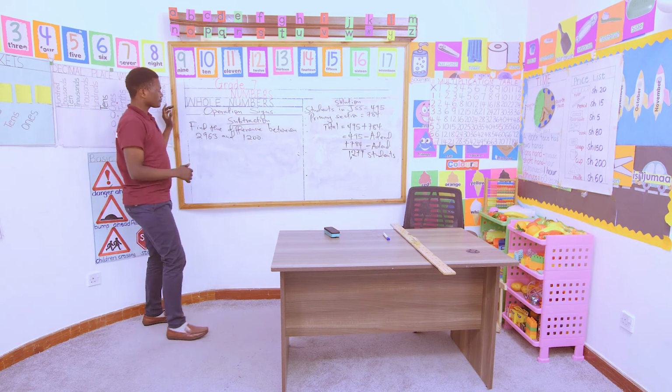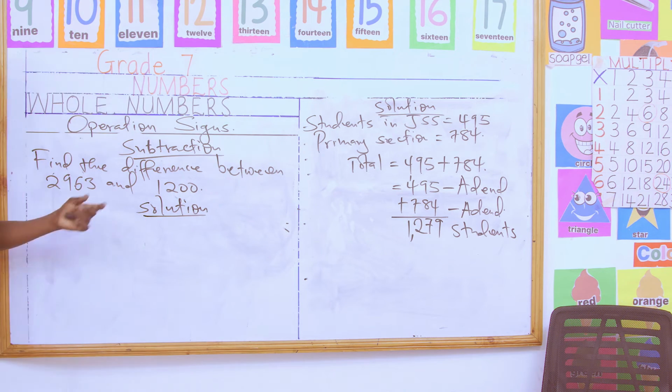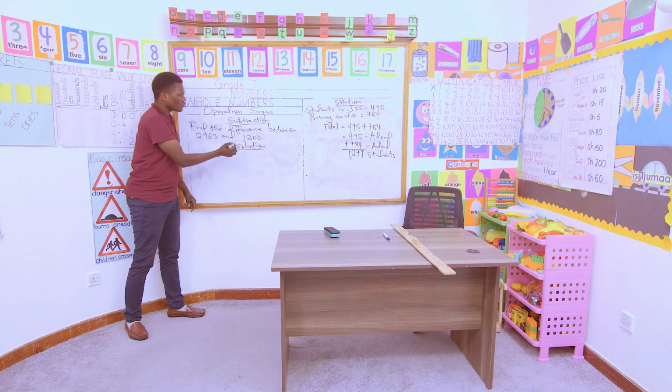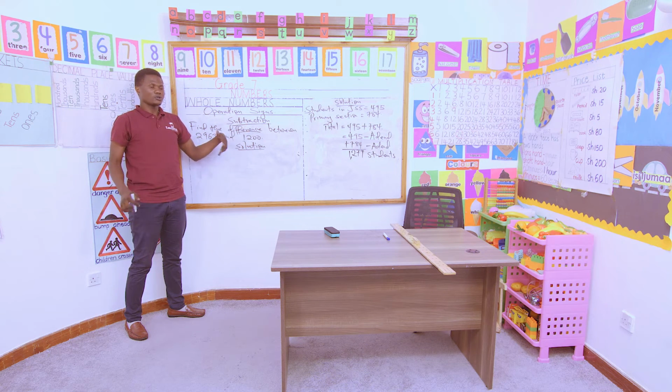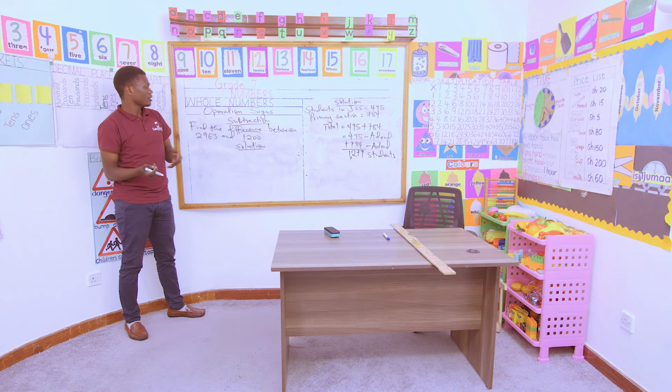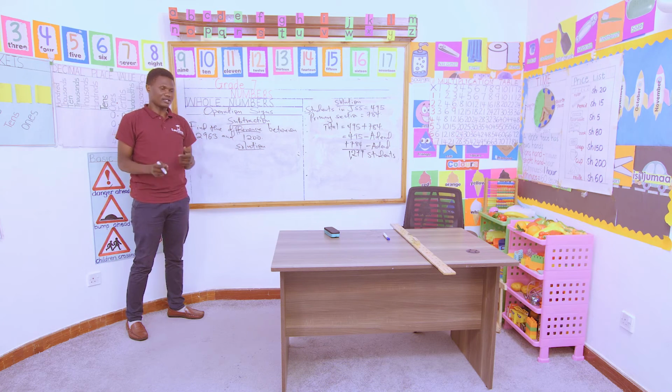So here, solution. You can see in this case, the question only has the word difference instead of the word subtract. I'm just trying to give you scenarios whereby we can use alternative vocabulary to imply the same thing in mathematics.